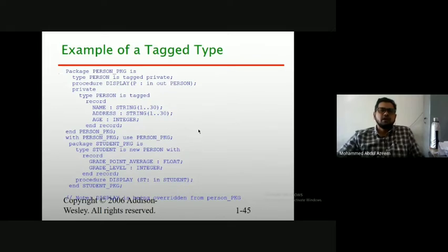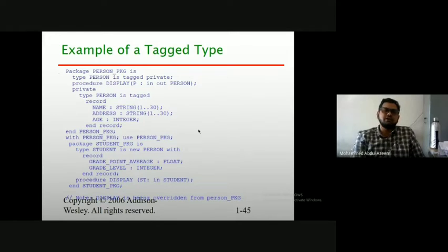Now, looking at one example of the same with tag type: package person. A package is how you define a class in the form of a package with a tag type, right? So you give package, followed by the package name, and then you define in it records, and you can have tag types.